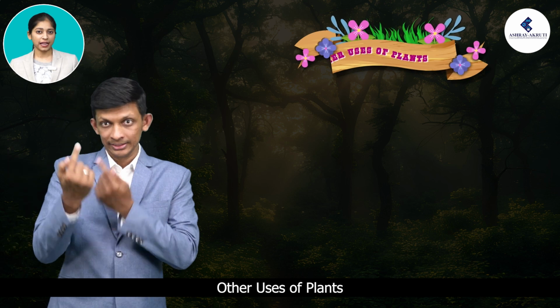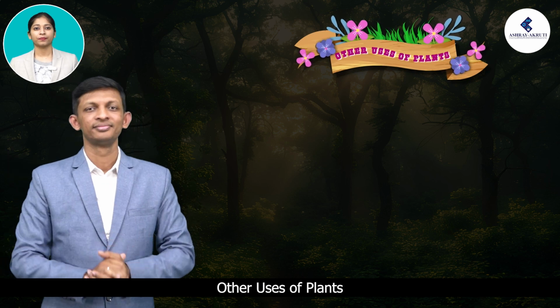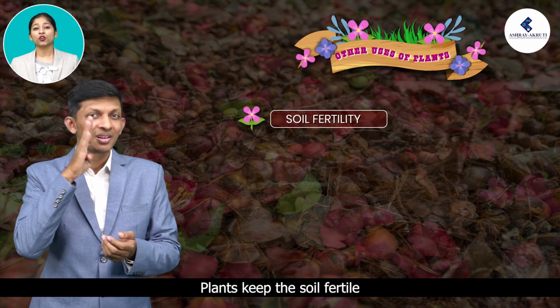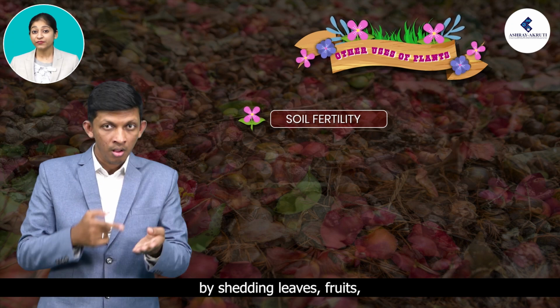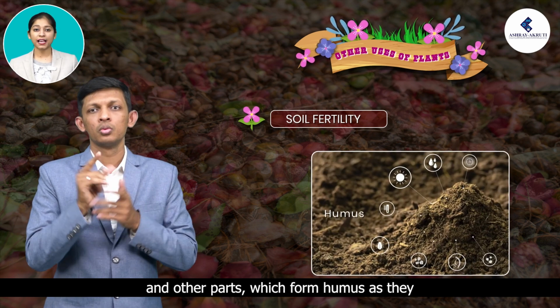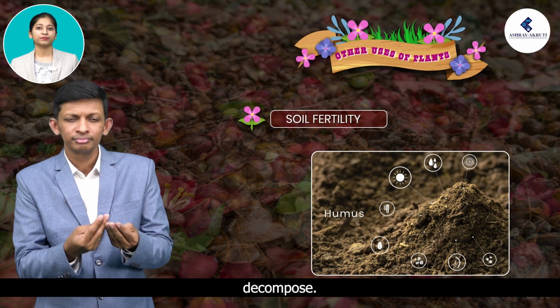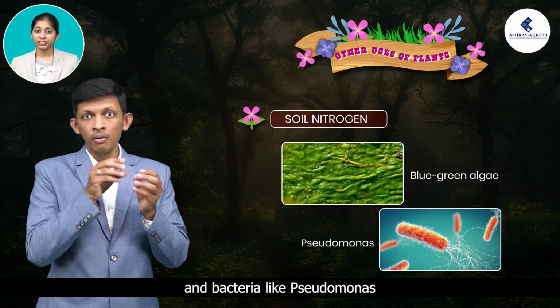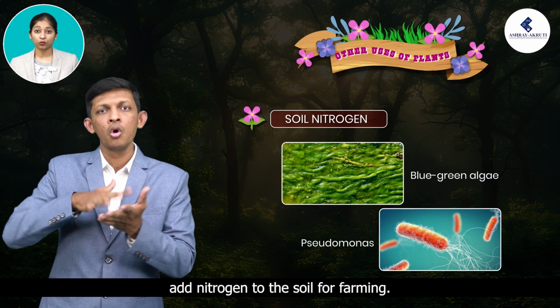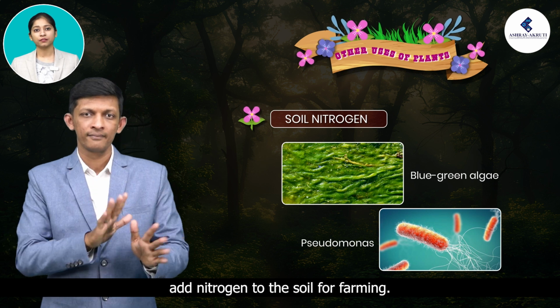Other uses of plants. Soil fertility. Plants keep the soil fertile by shedding leaves, fruits, and other parts which form humus as they decompose. Blue-green algae and bacteria like Pseudomonas add nitrogen to the soil for farming.